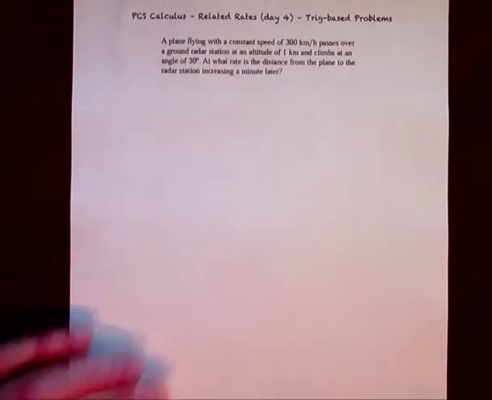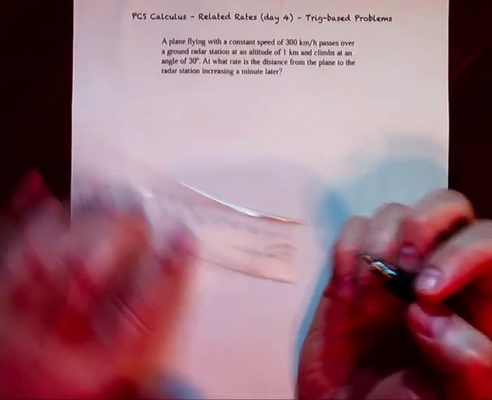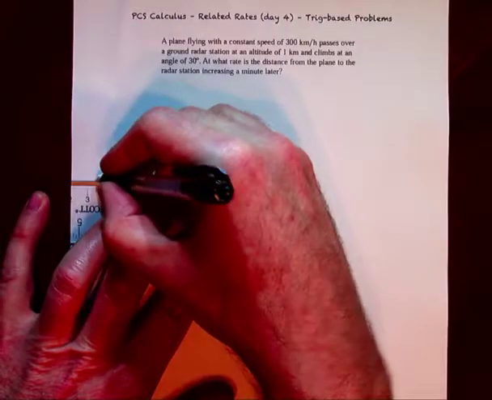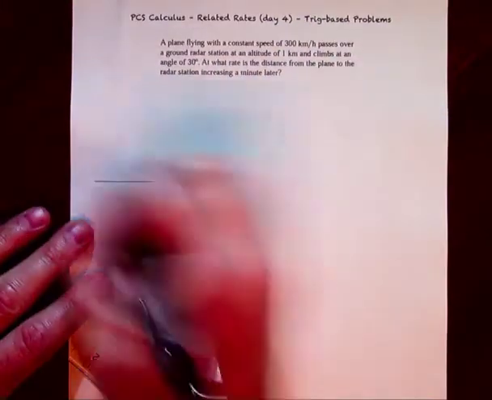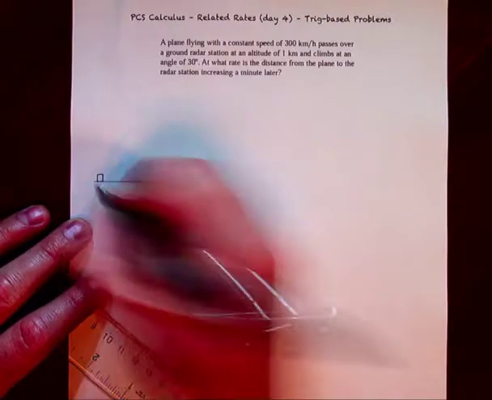A plane flying with a constant speed of 300 kilometers per hour passes over a ground radar station at an altitude of 1 kilometer and climbs at an angle of 30 degrees. So what happens is you have the ground, you have a radar station, and I'm not going to try and draw any sort of radar.